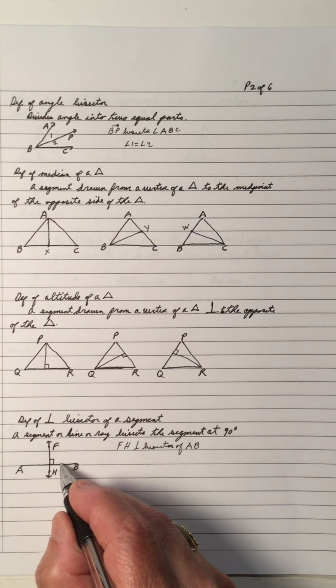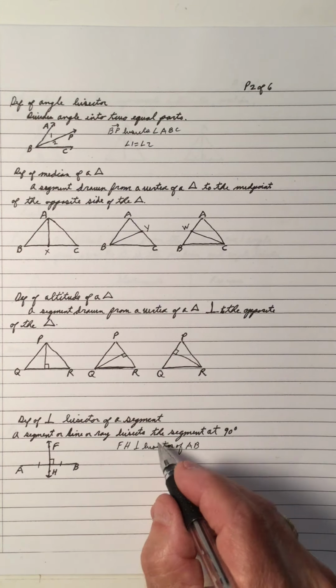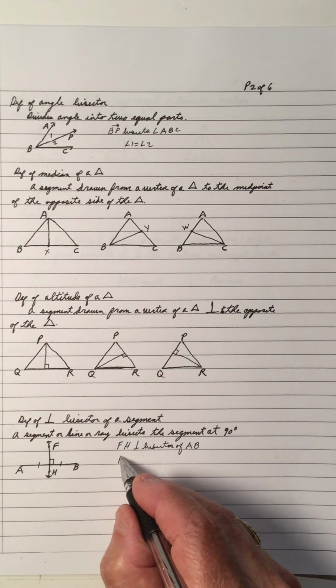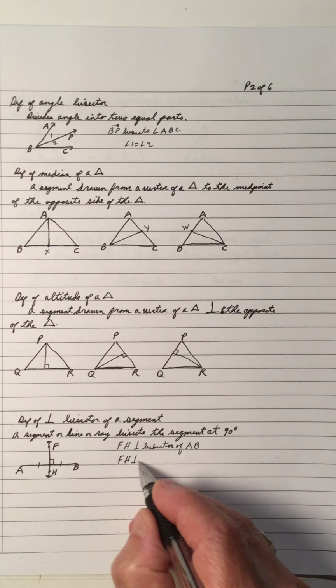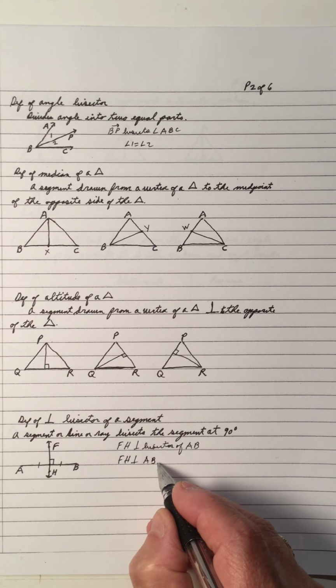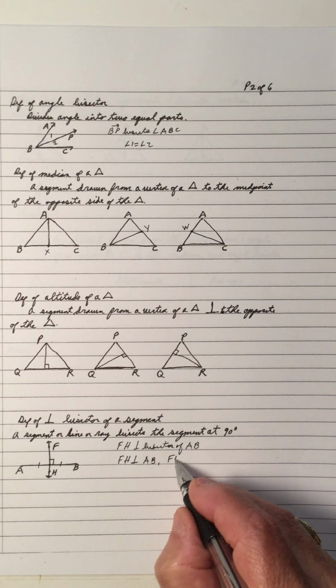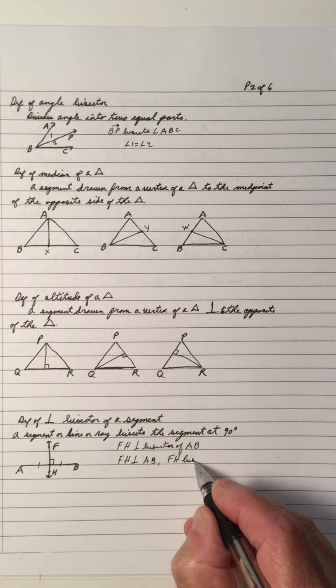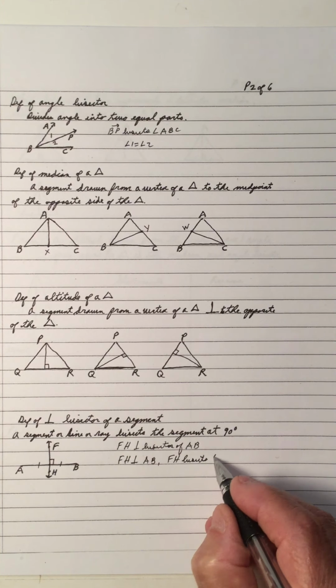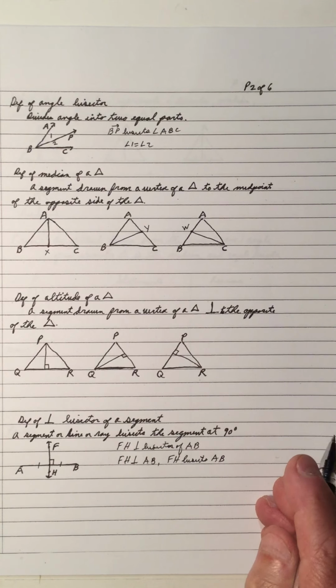And bisect means it cuts it into two equal parts. So FH is perpendicular to AB and FH bisects AB. So it does both.